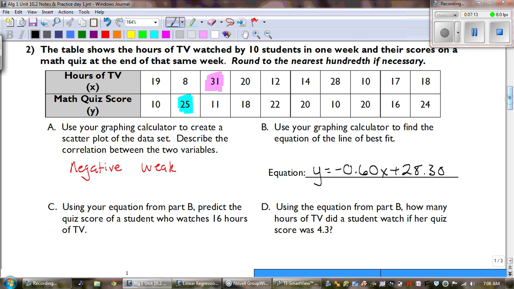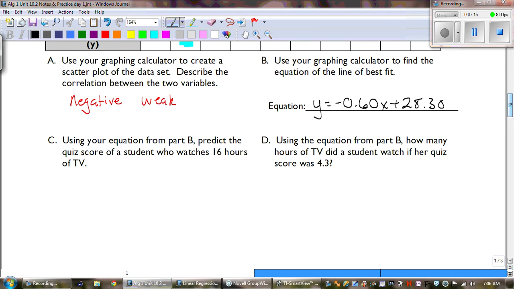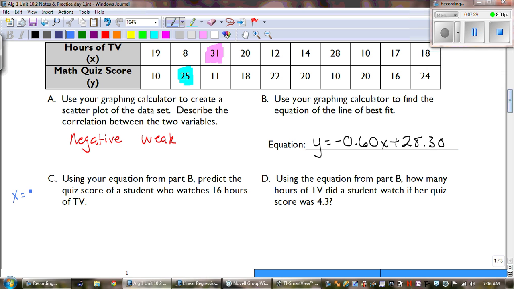All right. C, use your equation from part B. Predict the quiz score of a student who watches 16 hours of TV. Well, before I do that, what's our X and what's our Y? I forgot. So X is the hours and Y are the quiz scores.